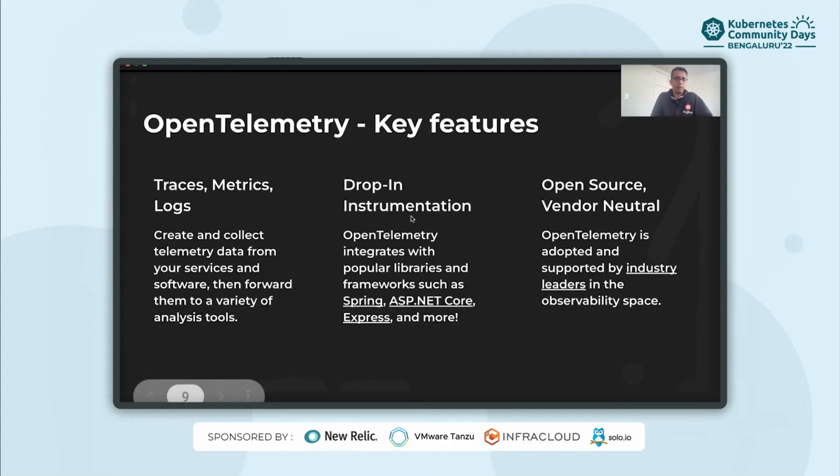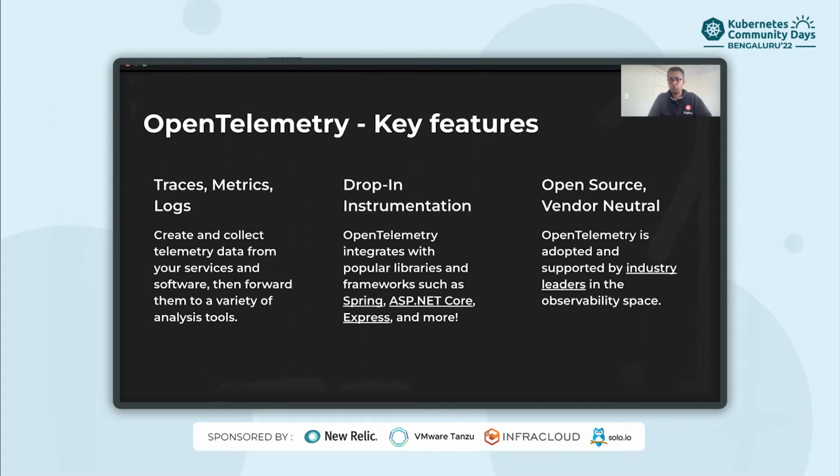So some of the key features of OpenTelemetry are that it has all the three key pillars of observability we talked about. It has traces, it has metrics, it has logs. So you can create this telemetry data and also collect it from your services. For example, if you're running a web server, you can instrument your web server to send traces, metrics, and logs, and then visualize them in the backend systems.